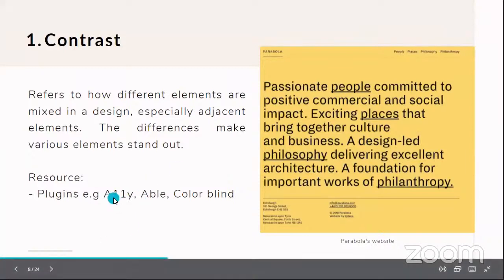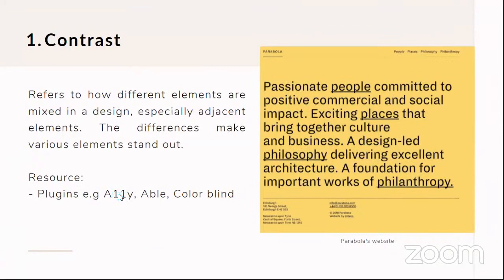A11Y is accessibility, so 11 is all the letters between A and Y in accessibility. This is the one I use. It's very good. It has bar ranges where as you move it from one end to the other, you'll see the color change in your design, so you pick something that is favorable. But basically, instead of bugging your head about contrast, just use plugins and get it over with.